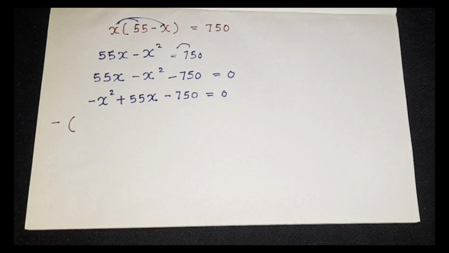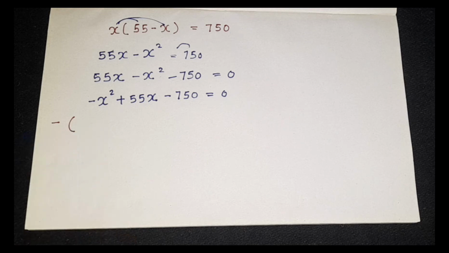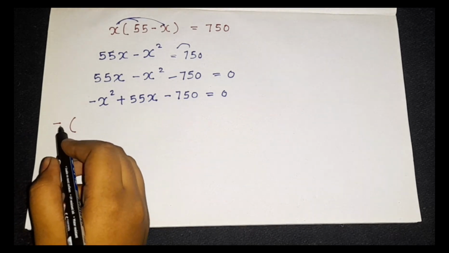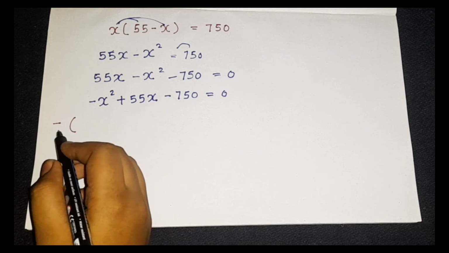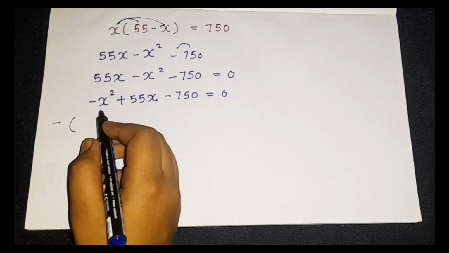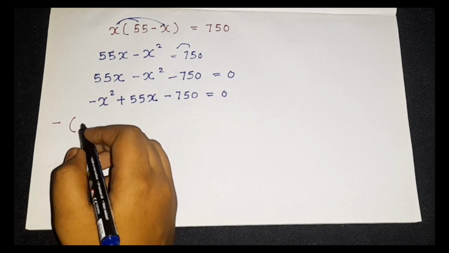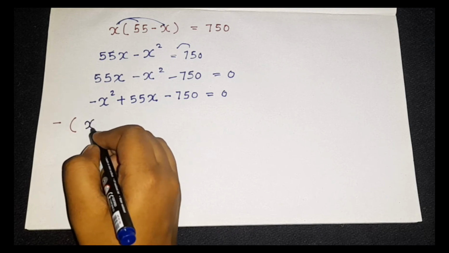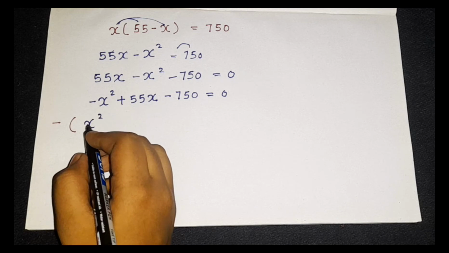So here most probably we are going to be focusing on signs, not the values, okay. Here we already have a minus sign after the bracket. So we are going to be writing minus into plus, so we can write the x square as it is. Why? Because minus into plus is minus, so it is minus x square.